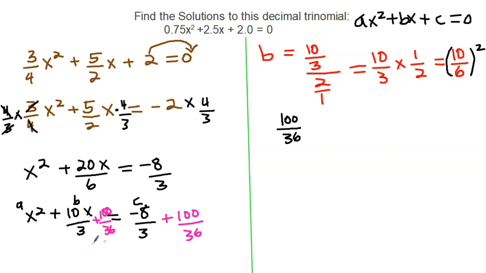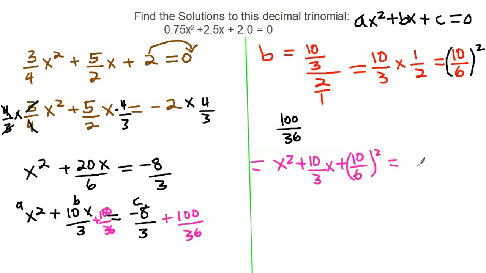We realize that the left side becomes a perfect trinomial. So let me rewrite it here: x squared plus 10 divided by 3 x plus 100 over 36.